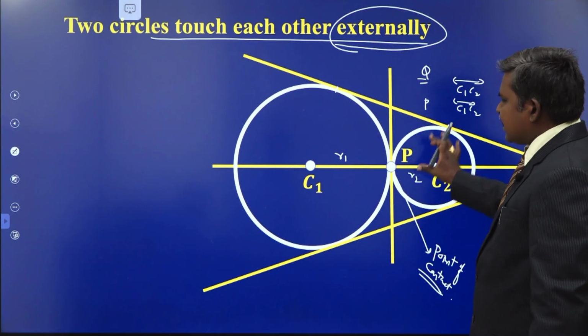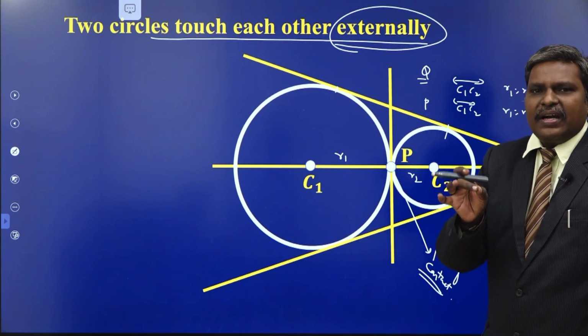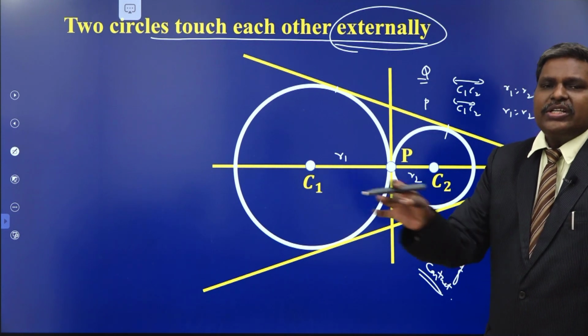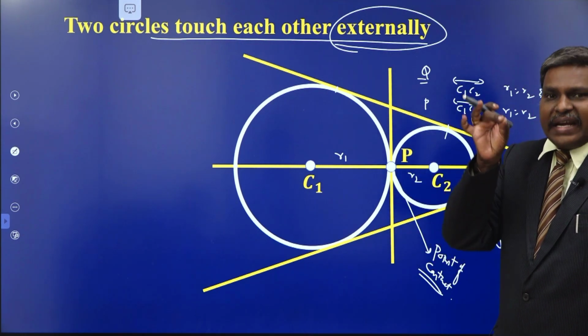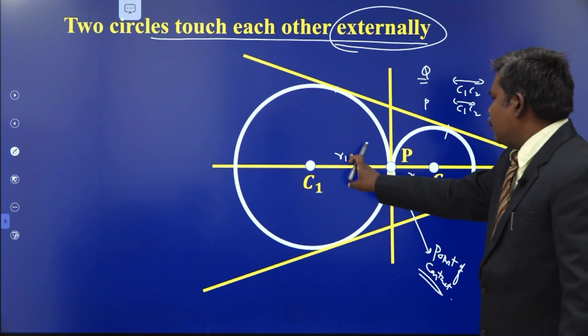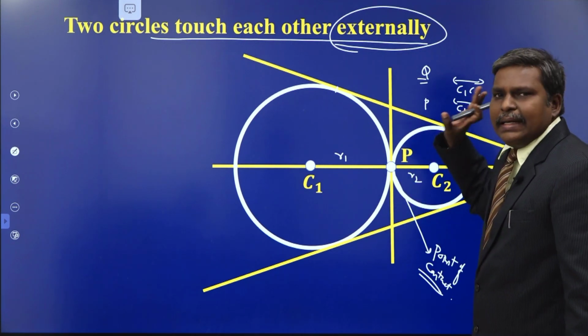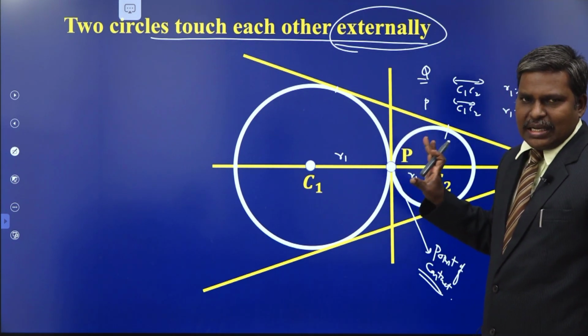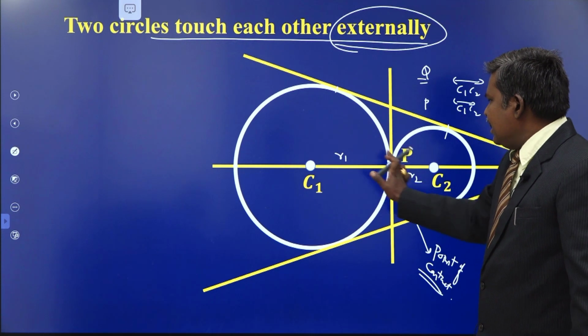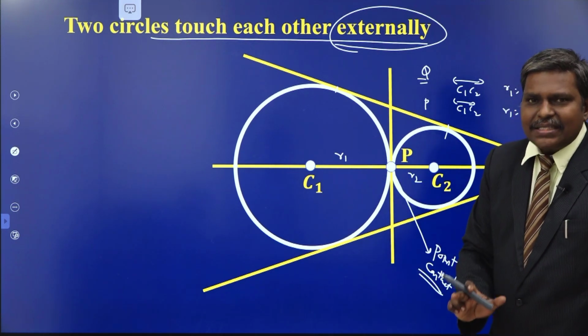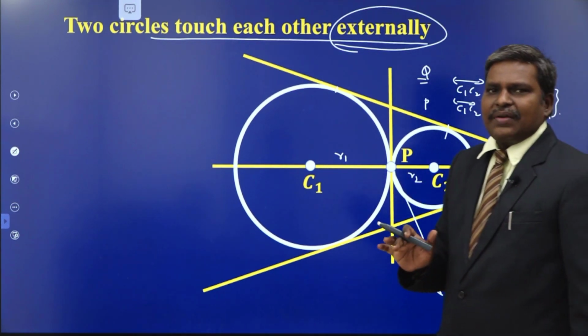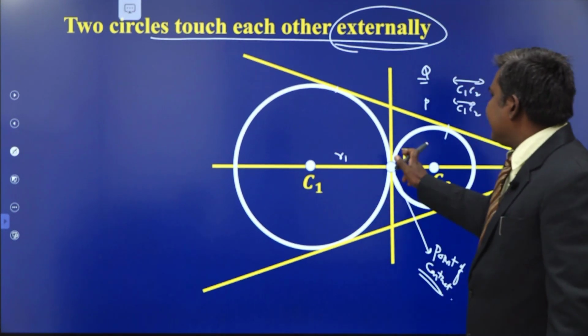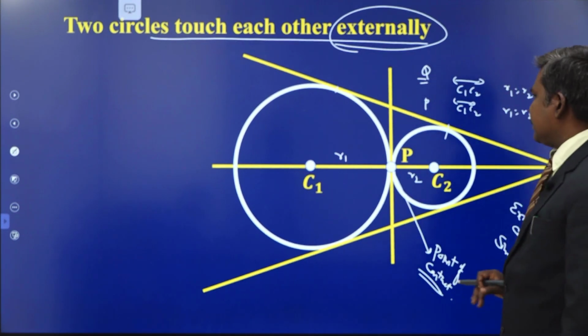When two circles touch externally, the point of contact is internal to the centers C1, C2. That divides C1C2 in the ratio R1 is to R2 internally, not externally. Remember, my dears.